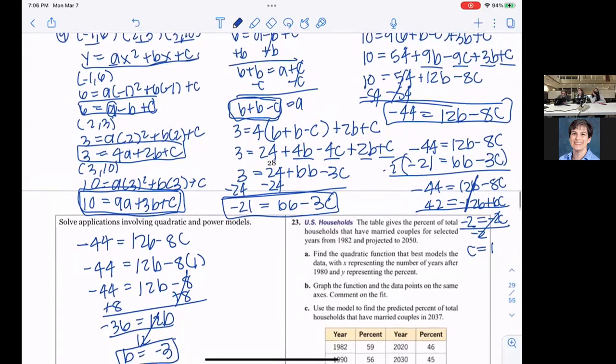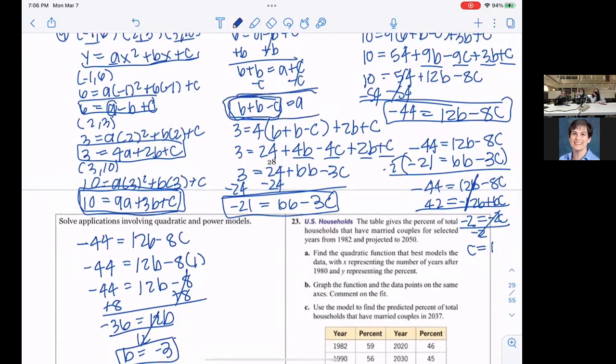And then using this equation that we found up here, where we have A equals 6 plus B minus C, we're gonna plug in those B and C values that we have, and we're gonna have A equals 6 plus that -3 minus, we said 1. So we have A equals 6 minus 3 minus 1.